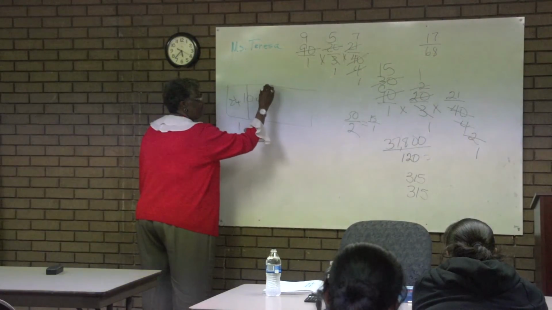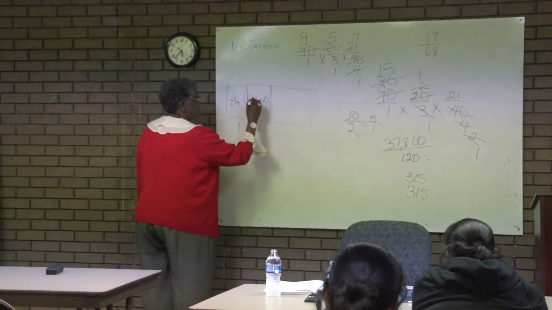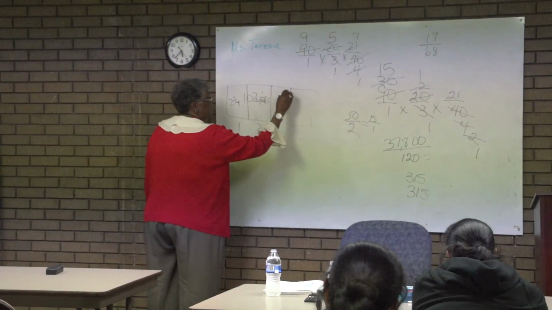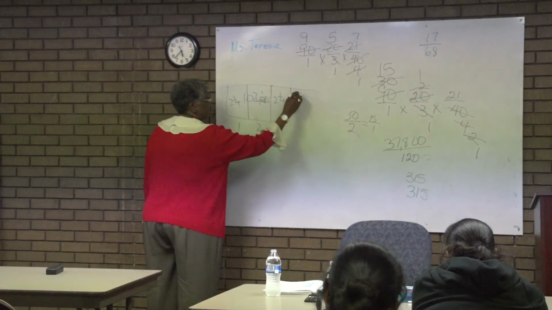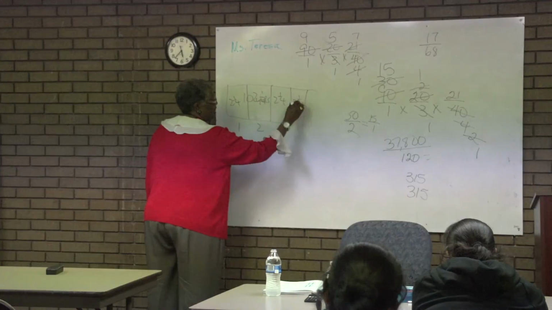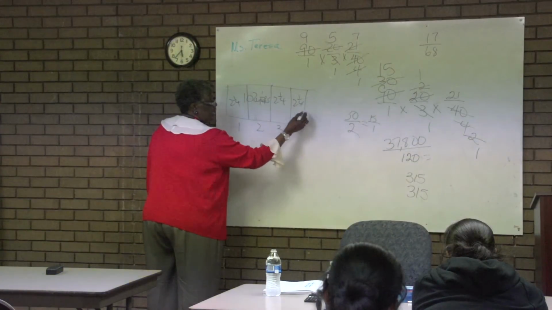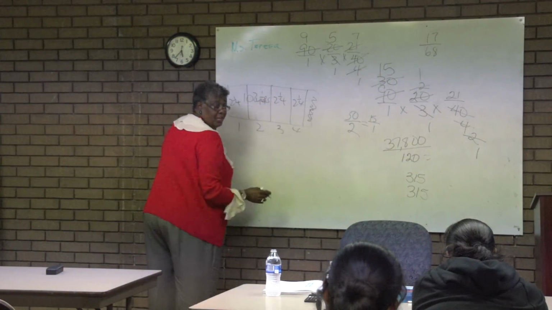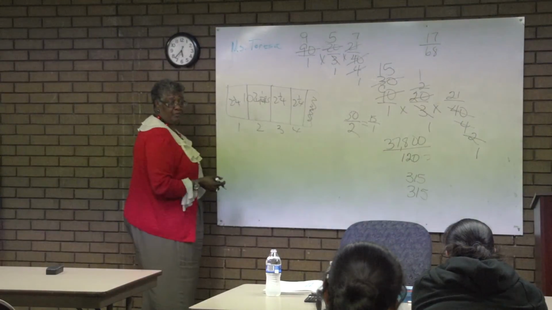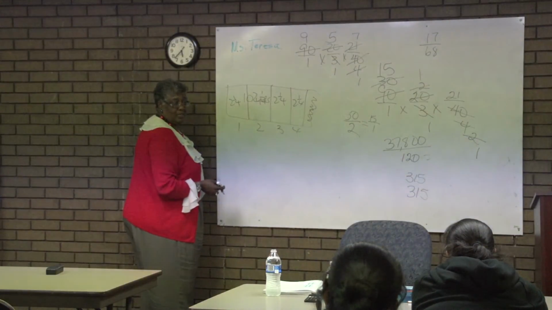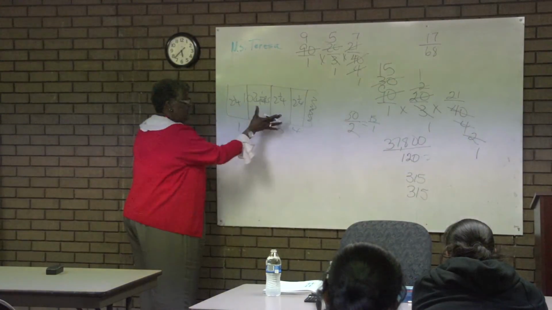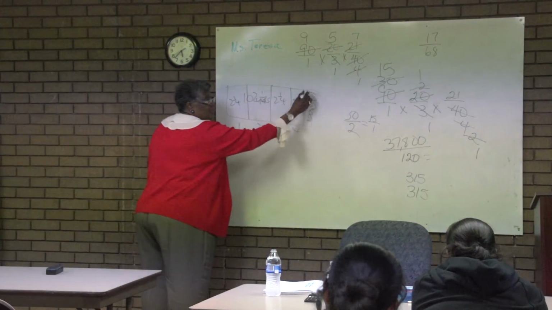You said you can take it off 4 times, right? That's another dress, another dress, another dress. And you got some material left, but can you make another dress out of it if I need 2 1/4? 2 1/4 went in 4 times with some left over.